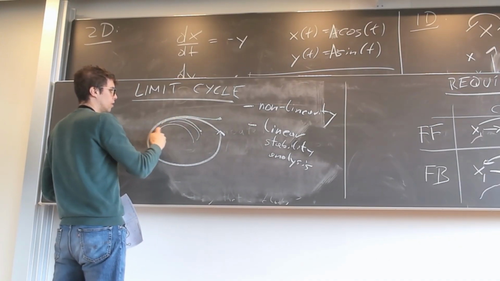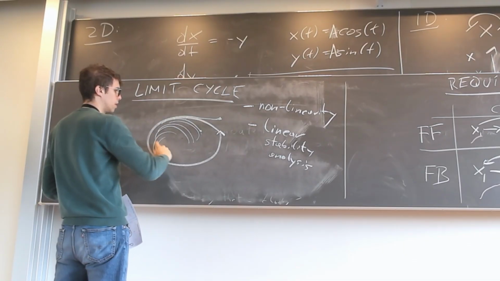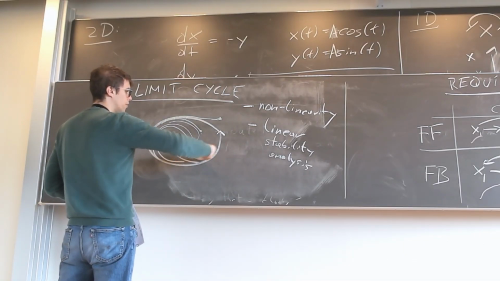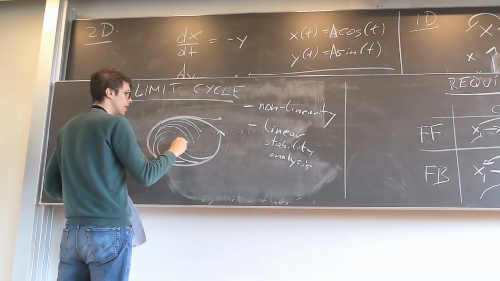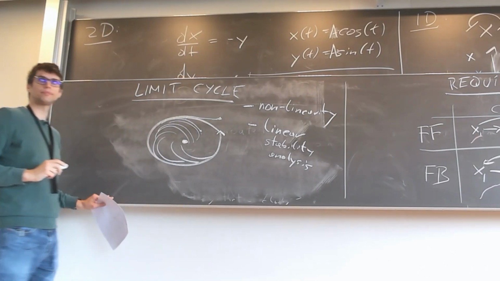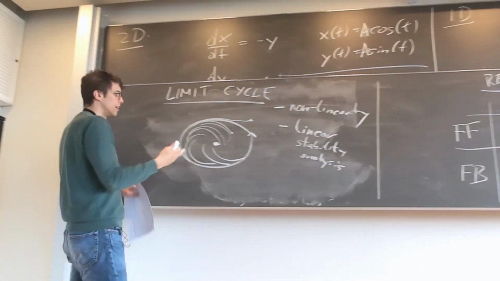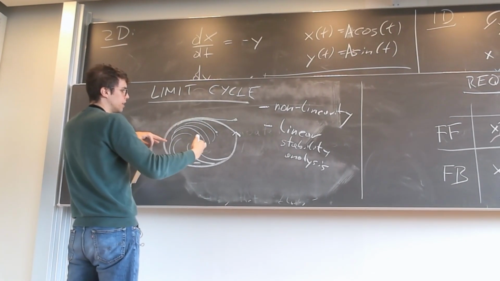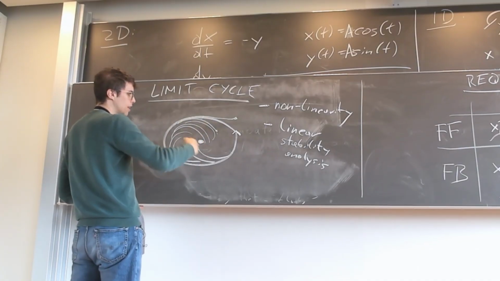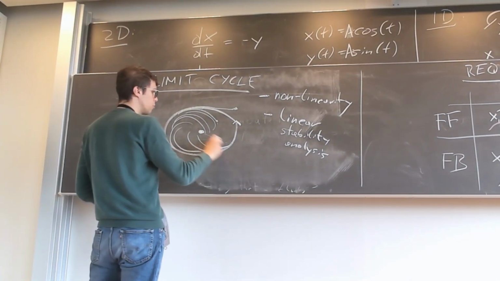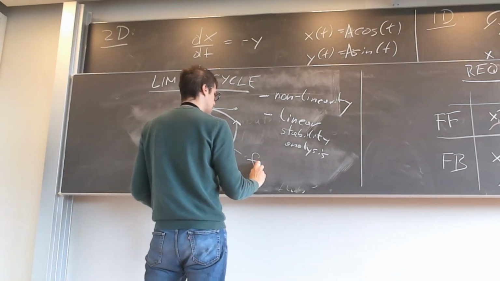So you go here, you go here. And if you follow all of these around, you will find that in the middle there has to be a fixed point. Somehow you can't cram all these trajectories in a coherent fashion in the middle without having a fixed point. So you will have a fixed point here.